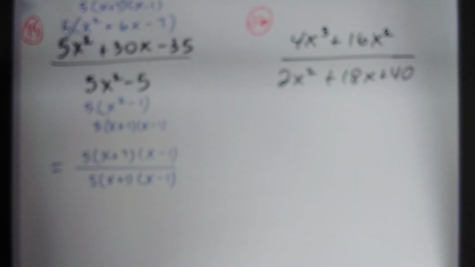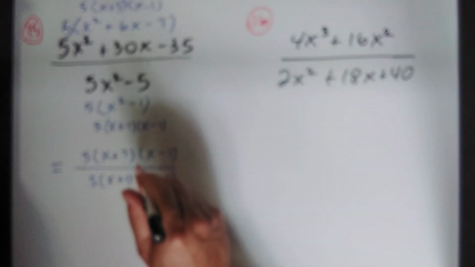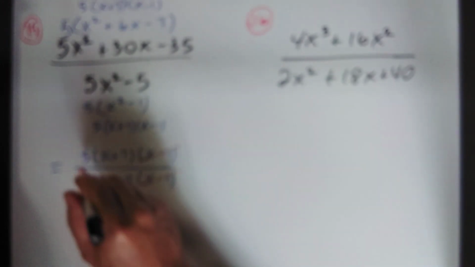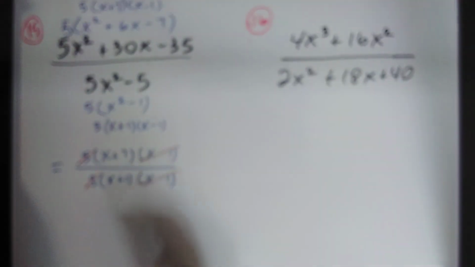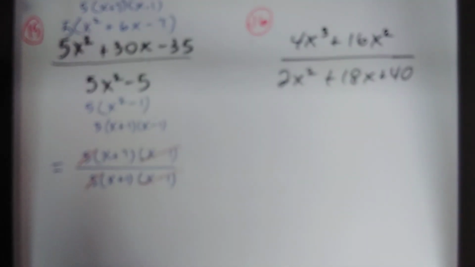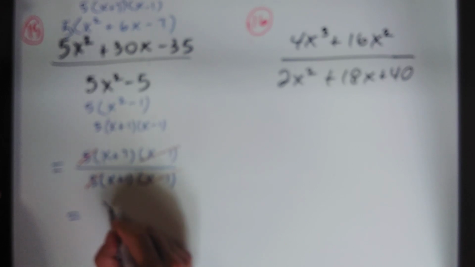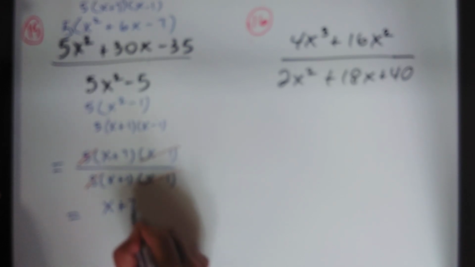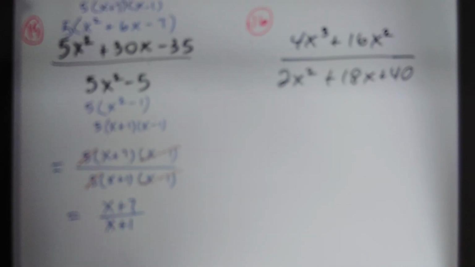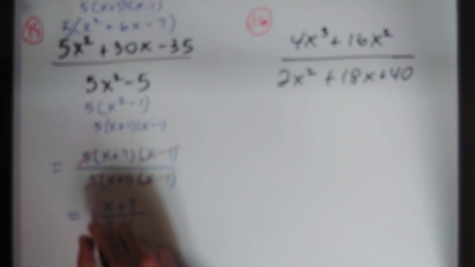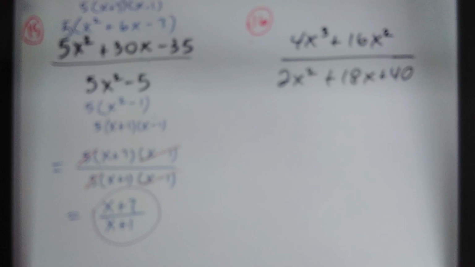And now I can take out the factors that are the same on top and bottom, so I'm going to take these 2 out, and I'm going to take the 5 out as well. And then at the end, what is left? x plus 7 over x plus 1. And that's my final answer.